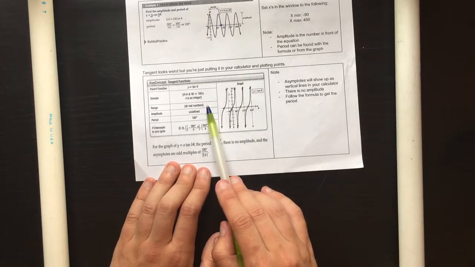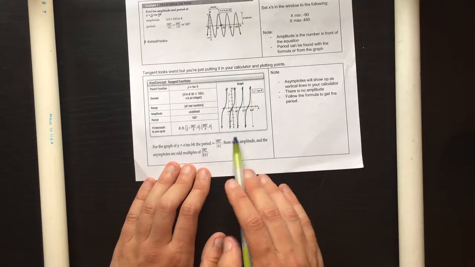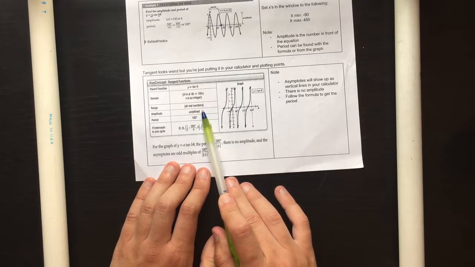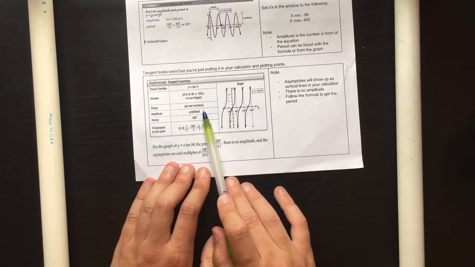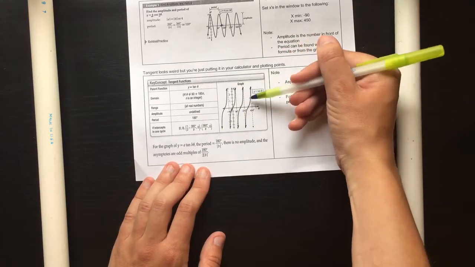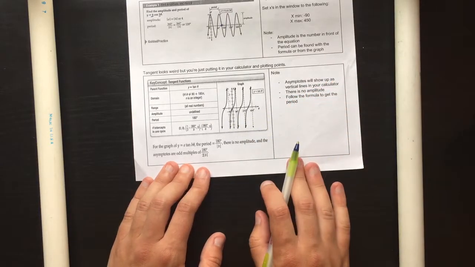And the range is all real numbers, because going up and down, it's just going forever. The amplitude is just undefined, because if we're looking at how tall this function is, well, it keeps going up forever and going down forever, so it doesn't really have a height.